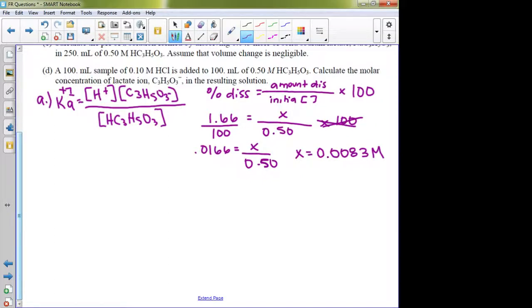How does that help me find my Ka? Because that's my H positive, which is also my C3H5O3 negative. And what am I going to do on the bottom here?